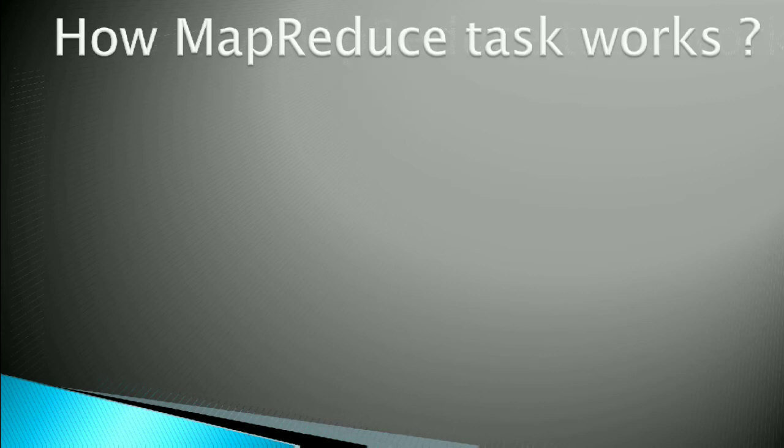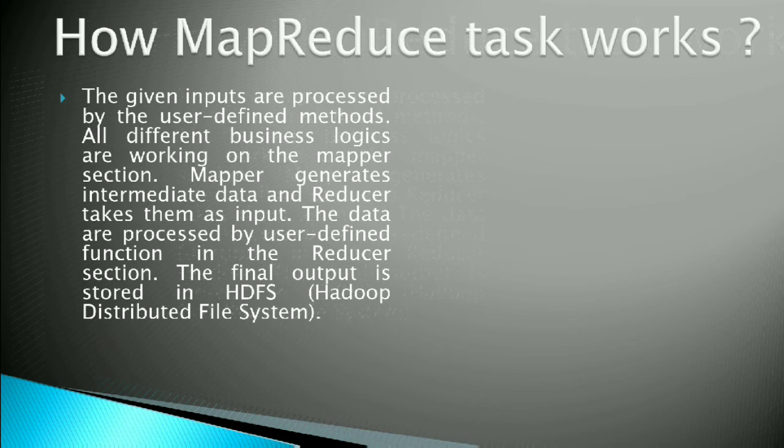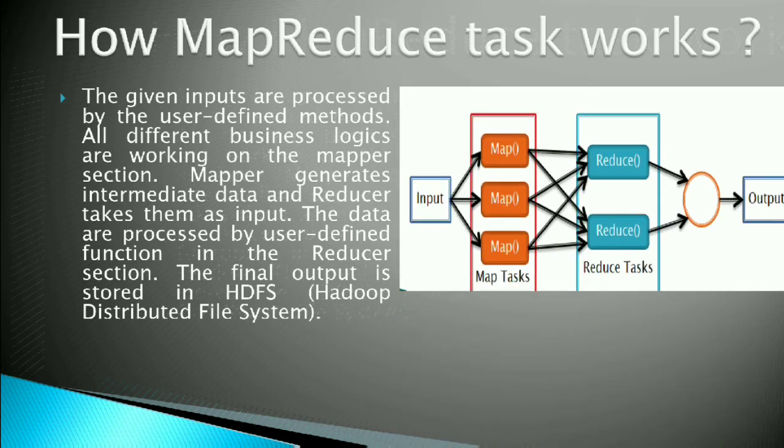So now let us go for the overview of this system. How a MapReduce task works. The given inputs are processed by the user-defined methods. All different business logics are working in the mapper section.